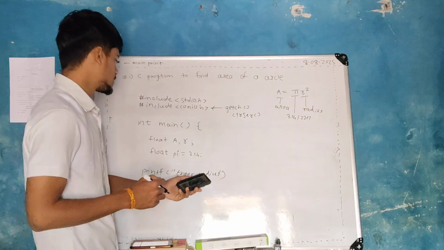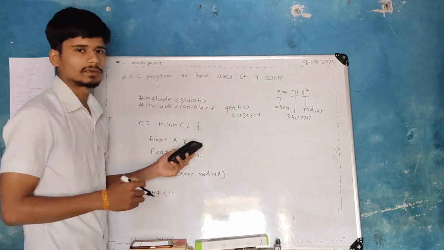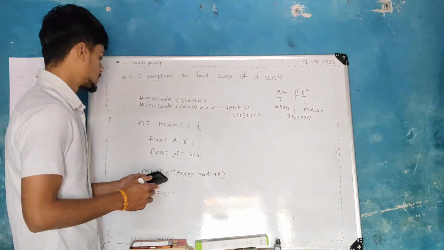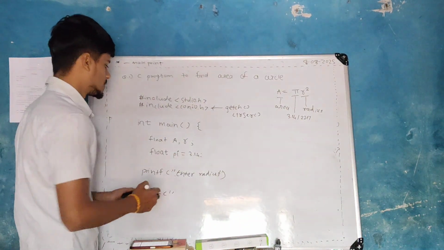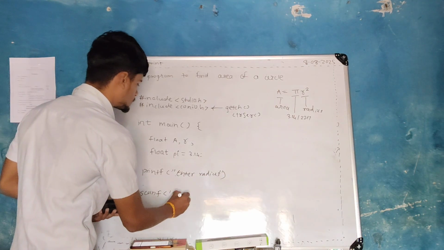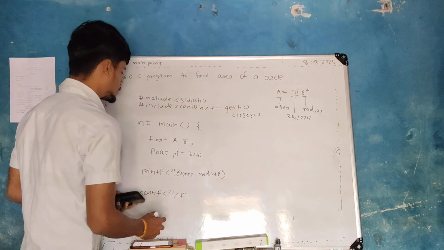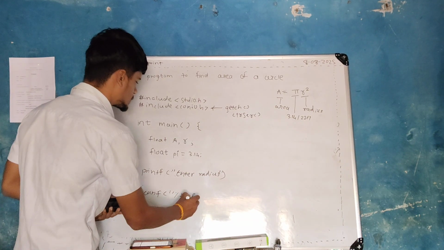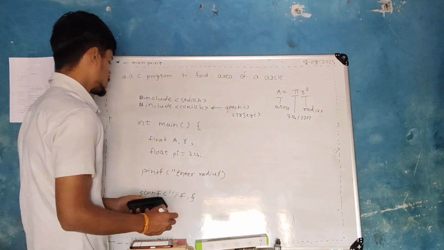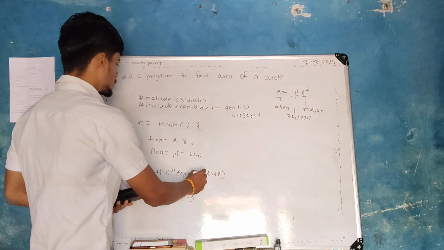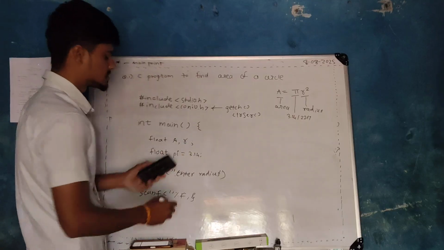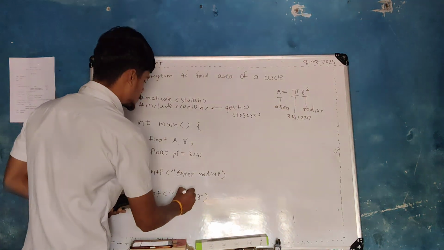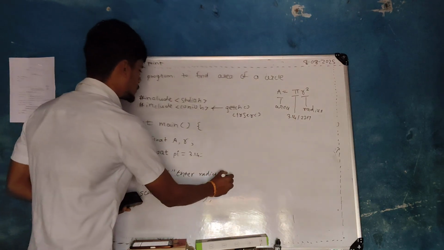As the radius is a float data type, we write the format specifier %f, comma, ampersand. The radius is denoted by the variable r, so we write r here. This is basically to take input.